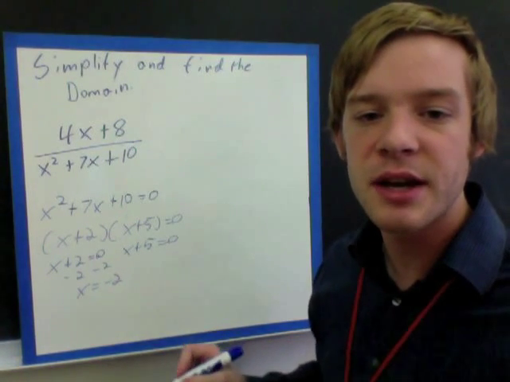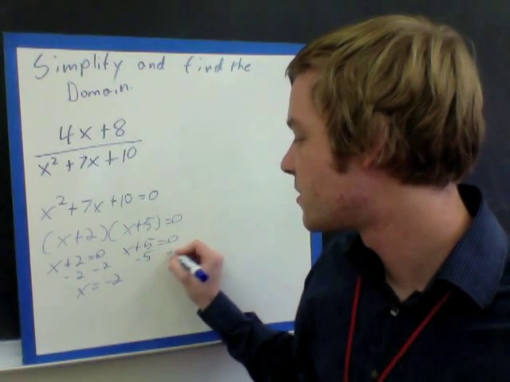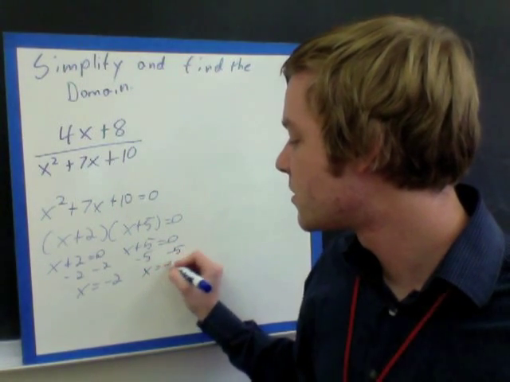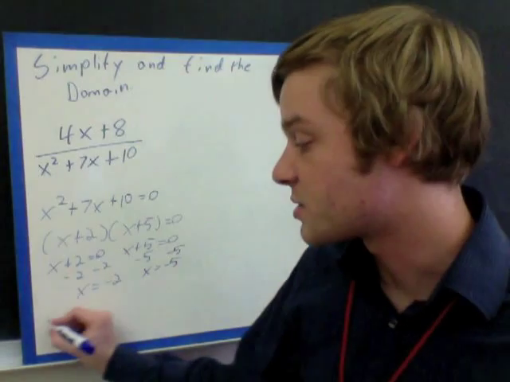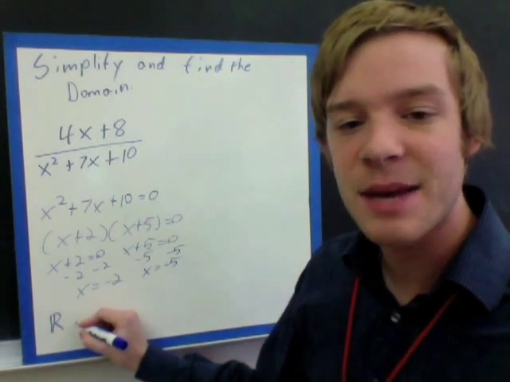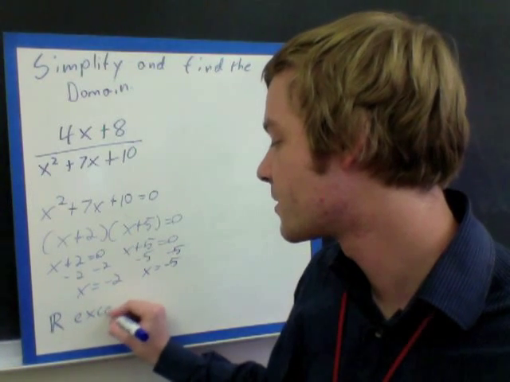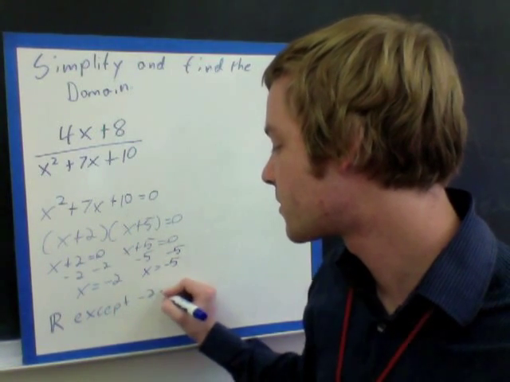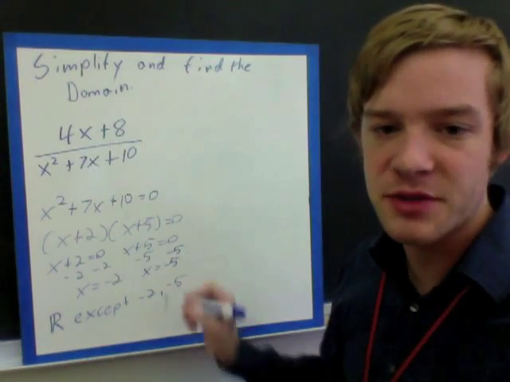Over on this side, I'm going to subtract 5 on both sides, and get x equals negative 5. So my domain is all real numbers except negative 2 and negative 5. So this is my first part of my answer, so I'm going to box that up.